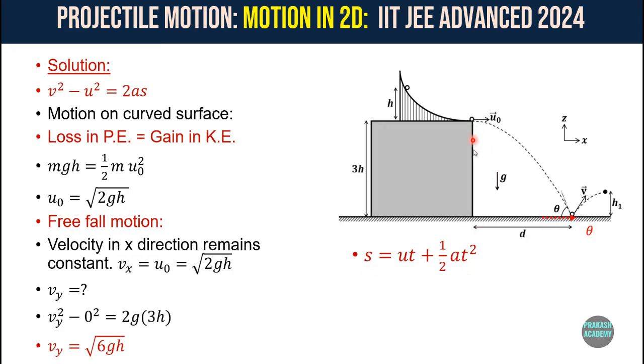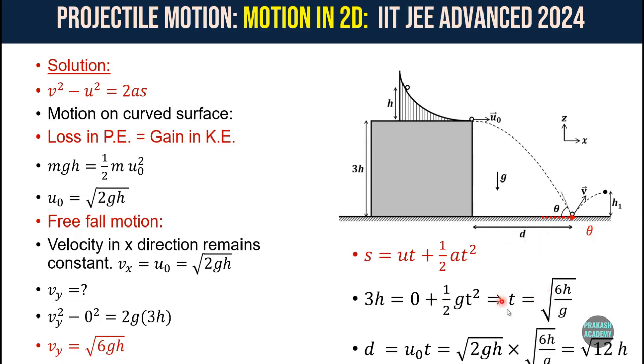S is the distance, in this case 3h, u is the initial velocity in the y direction, that is 0, and g is the gravity, which is the acceleration in this case. So if I use this, the distance s is equal to 3h, this is 0, plus half gt square. So from here I can write t is equal to 6h by g, and I have to take the square root.